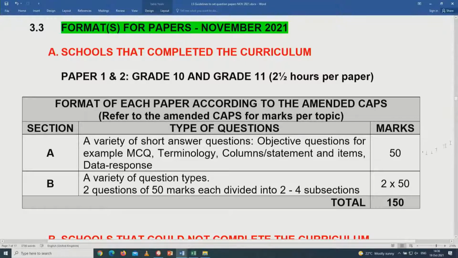A section A of 50 marks, and then 2 section B questions, 2 times 50, for 150 per paper. And then the duration of that paper will be 2.5 hours. Now, you know these things: multiple choice questions, biological terms, column A, column B, no, not pairing off, it's that statement given and then a choice between 2 answers.